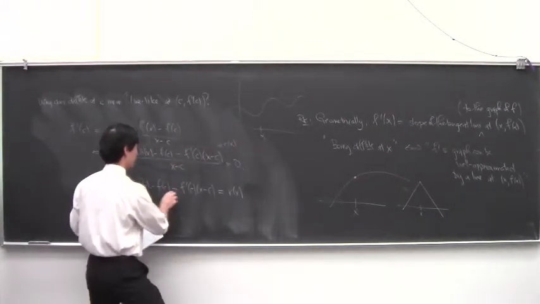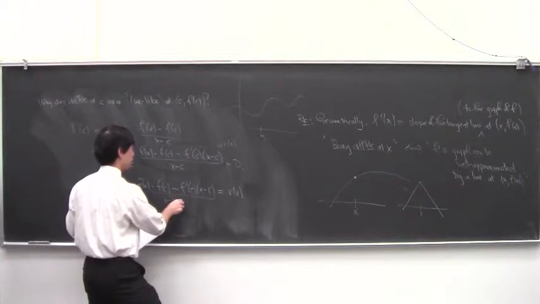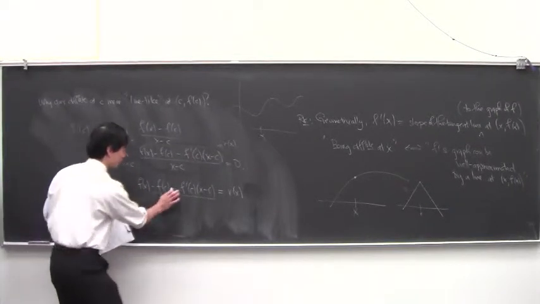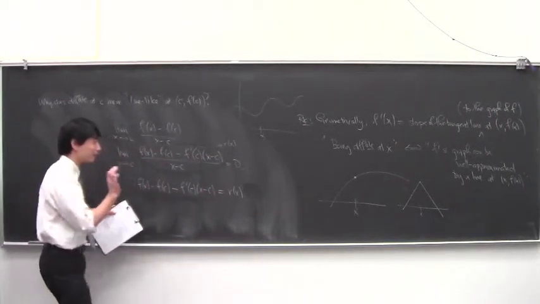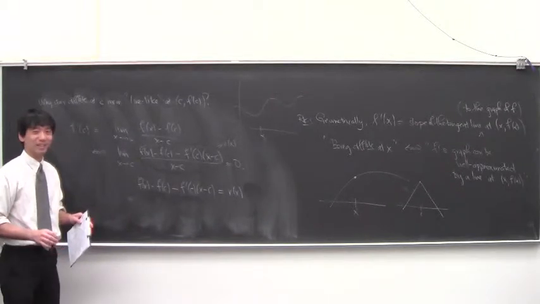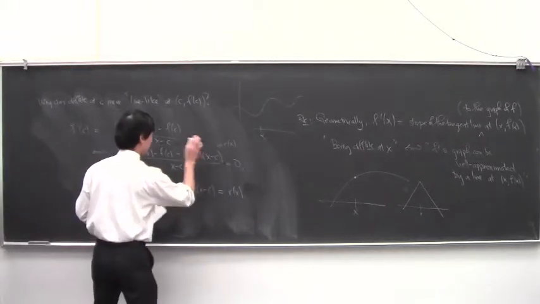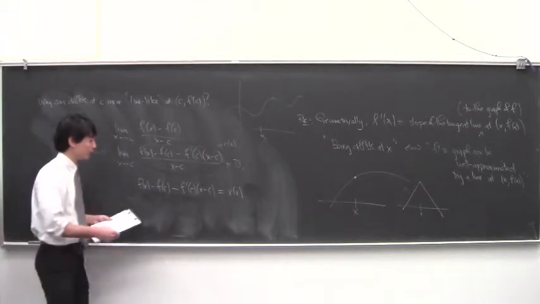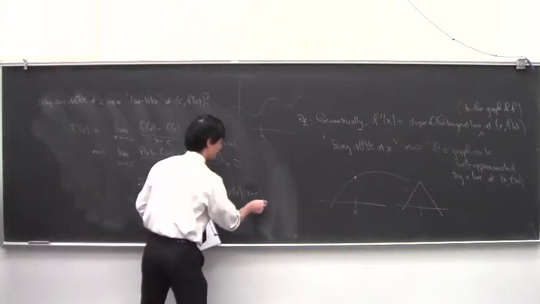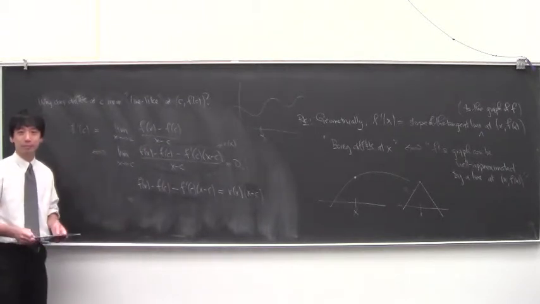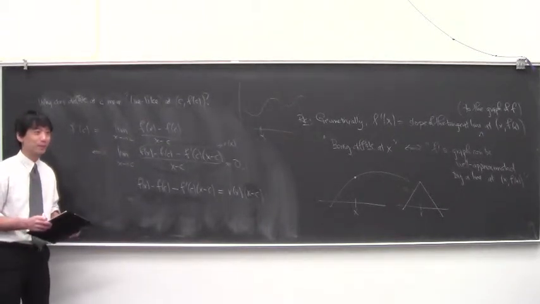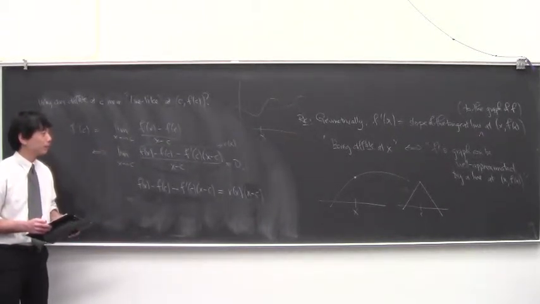I'm sorry, no, you're right. Actually, let me let the whole thing be r of x. The whole thing is going to be r of x, then this is true. Then how did you get the denominator over the other side?